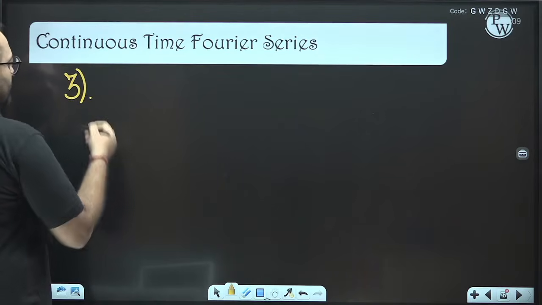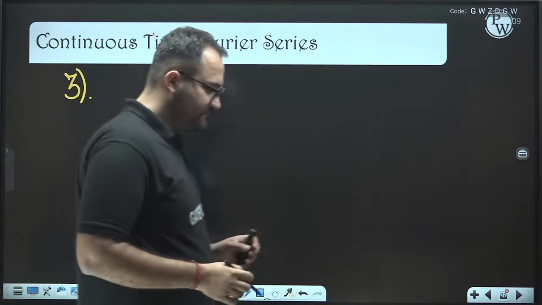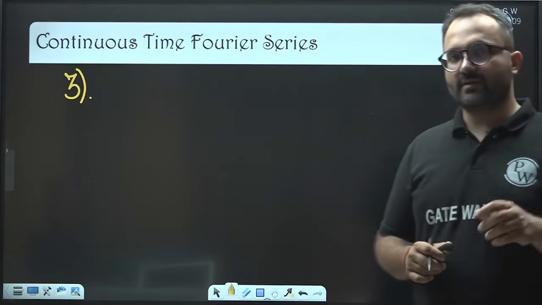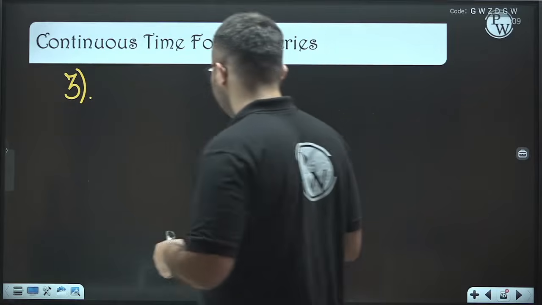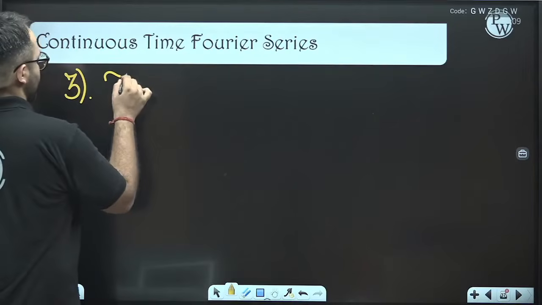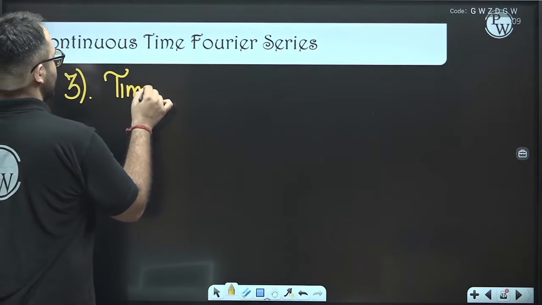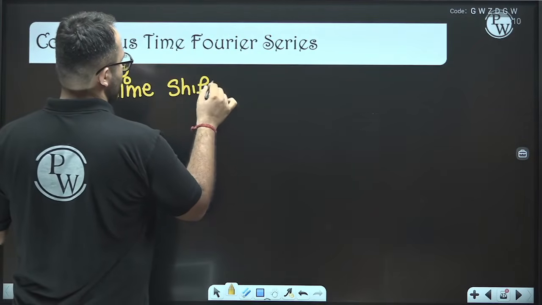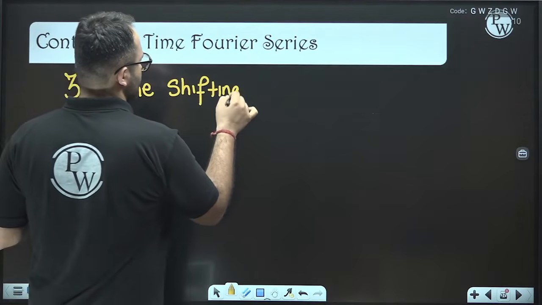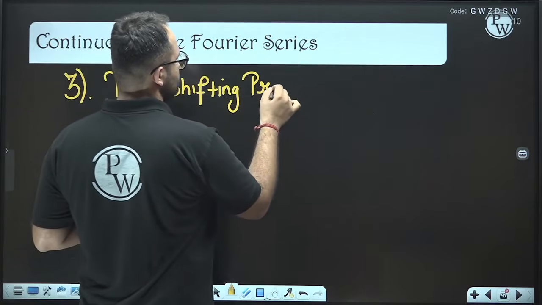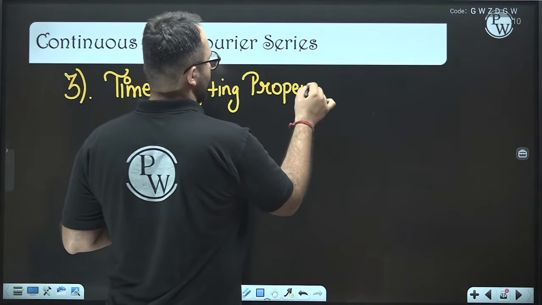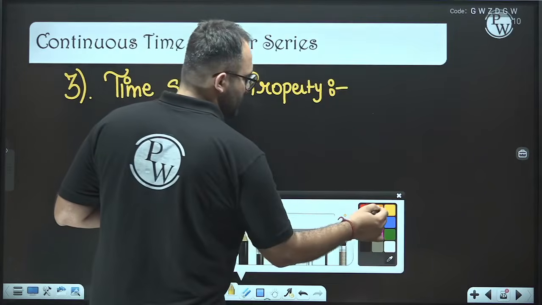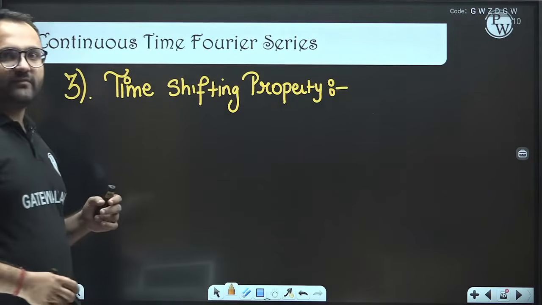Third property is the time shifting property. So if we shift the signal, the period will change or not?